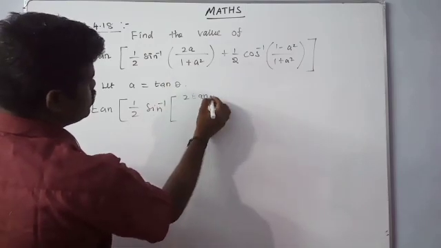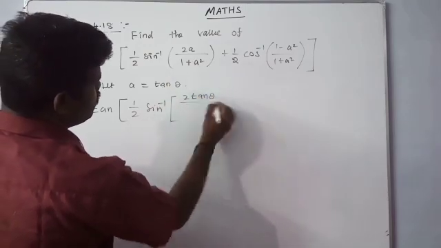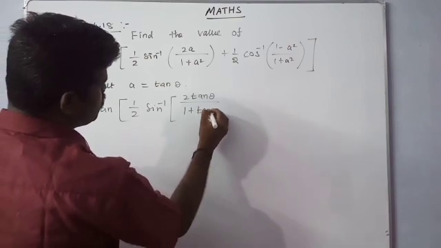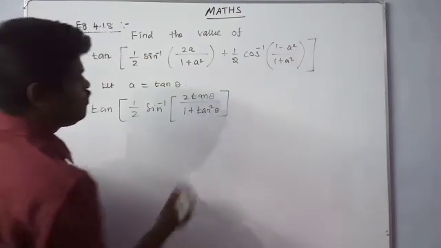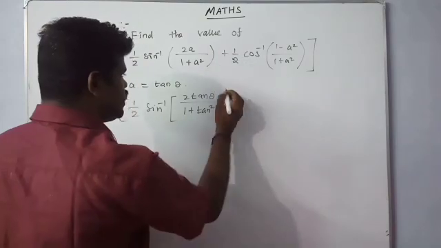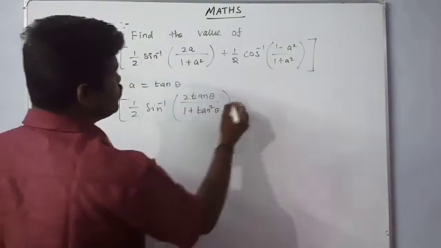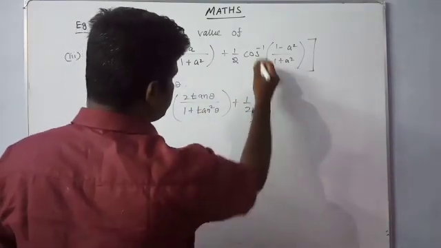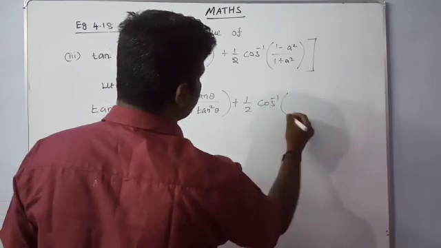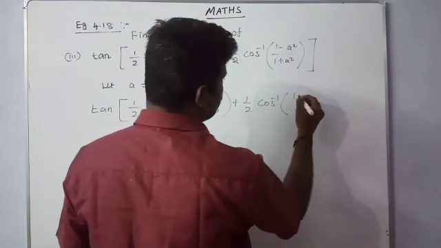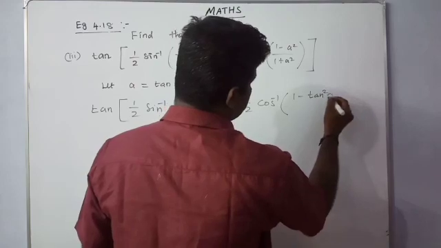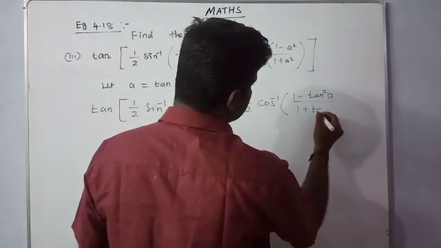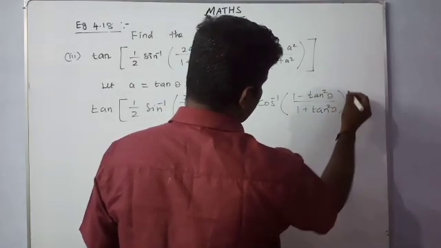Apply the A value. 2 into tan theta divided by 1 plus tan square theta. And plus 1 by 2 cos inverse of, apply the A value, 1 minus tan square theta divided by 1 plus tan square theta.